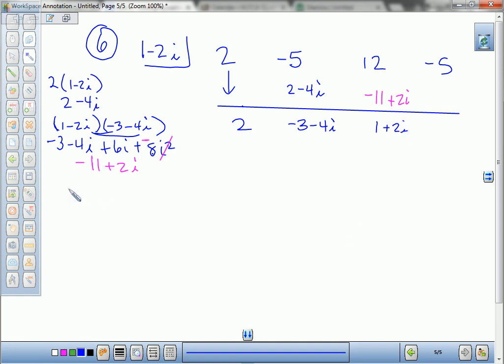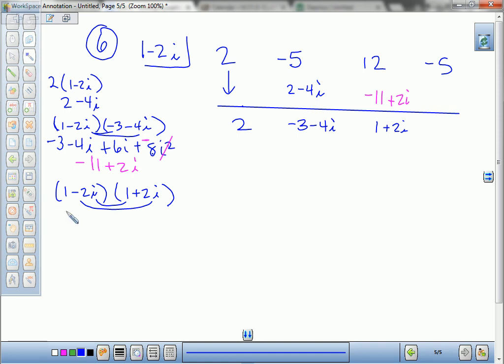So I got 1 more set of work. Do you guys remember what happened when we multiplied conjugates? If we do this times this, aren't we multiplying by conjugates? And what happens is that inside and the outside are going to cancel. We get a negative 2i and a positive 2i.